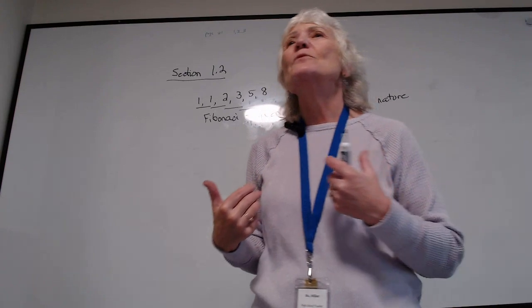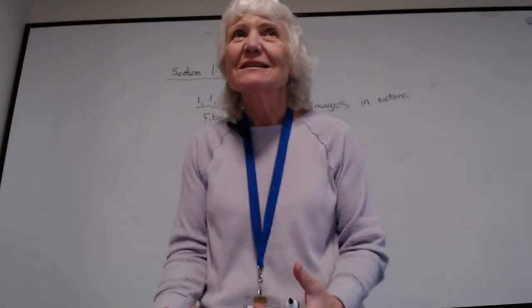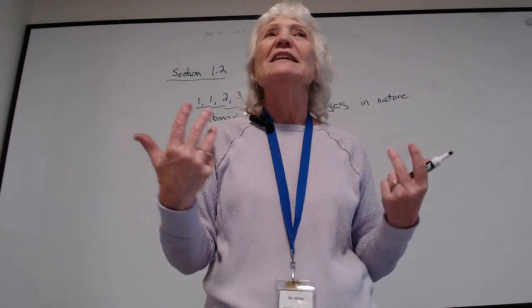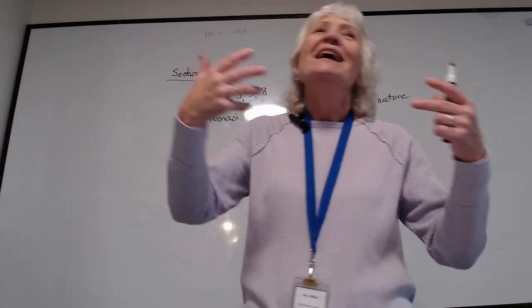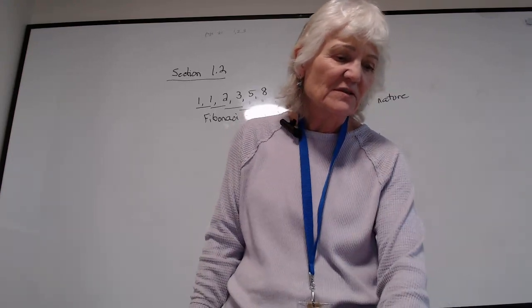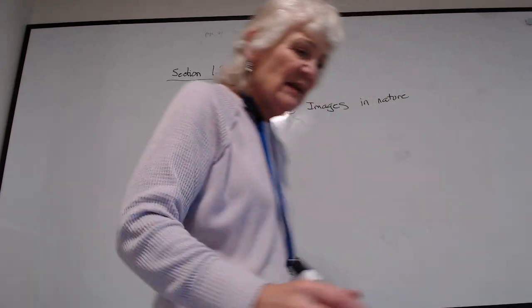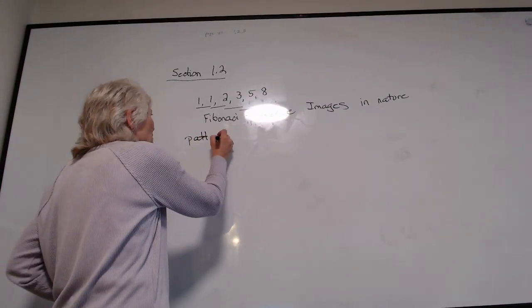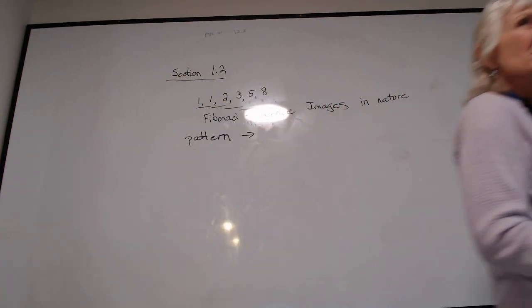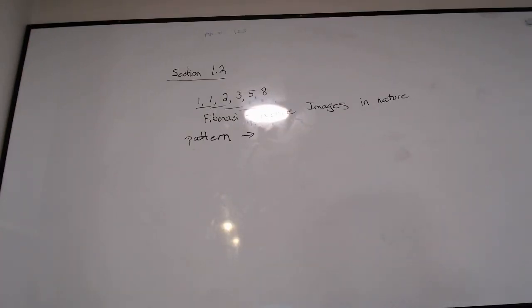Now we're talking more about basic patterns in this class right now. Patterns that we can look at where we're adding or multiplying by something. So they give you a table of some patterns. How do you describe a pattern? It's kind of like a sequence.